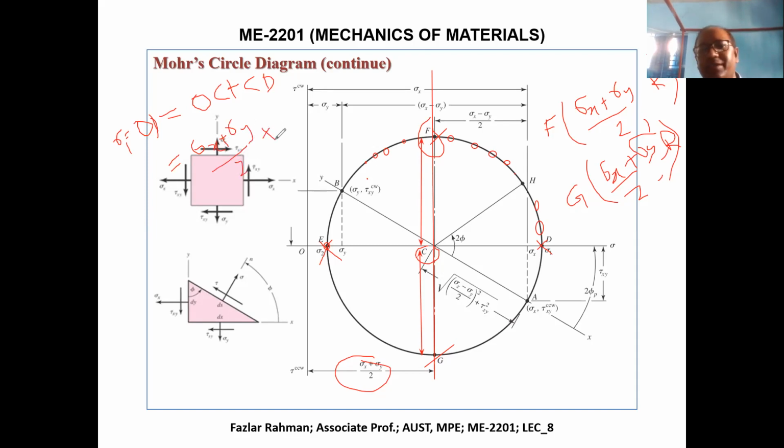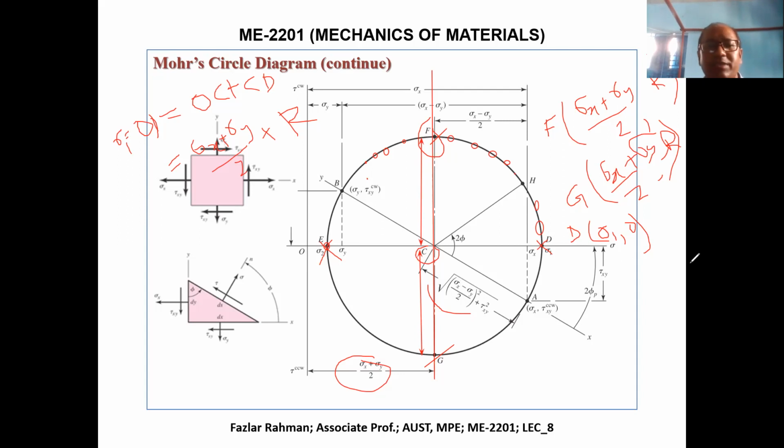What is CD? The radius of the circle. That means this term. So I'm not writing this bigger term. I just say this is R. So this is sigma 1. And the point D coordinate will be sigma 1, comma 0, because tau is 0. That means line OD is the principal plane, and line FG is the maximum shear plane. Okay. So we got sigma 1.